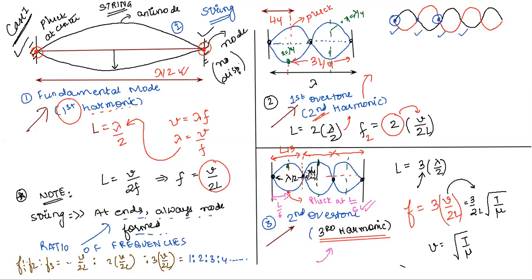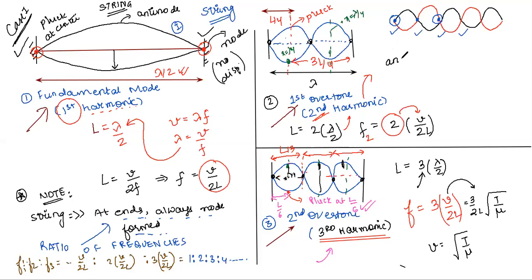Sum them up, 1 by 2 and 1 by 4, how much do you get? 3 lambda by 4. So this first case was until lambda by 4. The second antinode is at a distance of 3 lambda by 4, and the next at 5 lambda by 4.